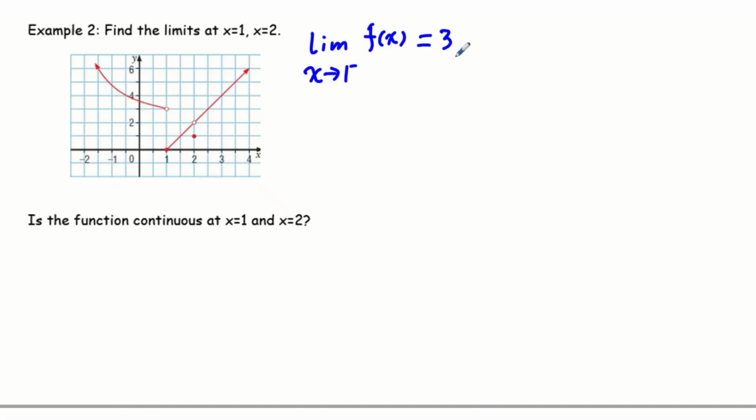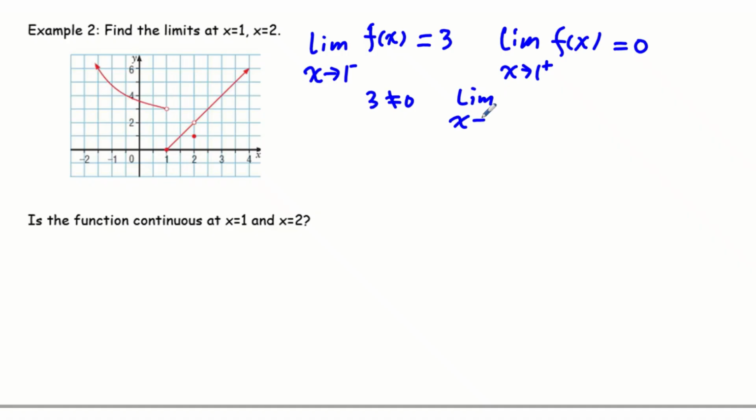From the right side of 1, when x equals 1 the y value is 0, and 3 is not equal to 0, so we know that the limit doesn't exist.